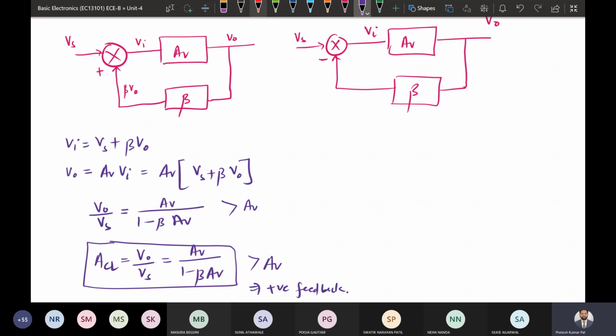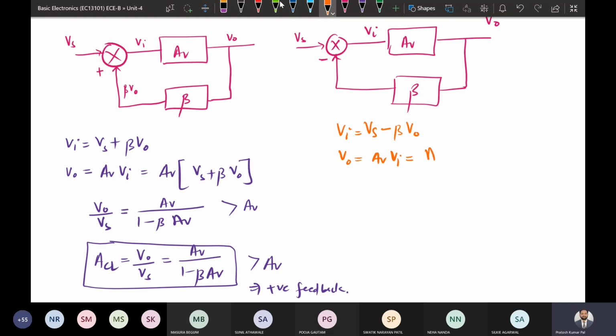Similarly, we will analyze the negative feedback also. In case of negative feedback, the input voltage will be Vs minus beta times V naught. And again the output voltage will be AV multiplied by Vi.